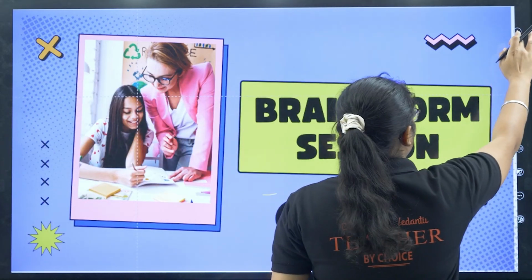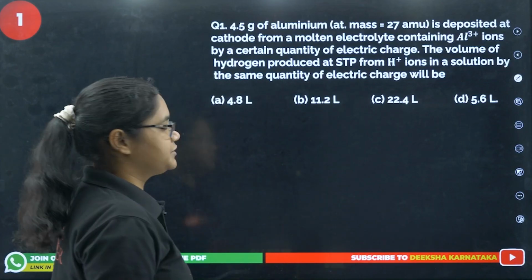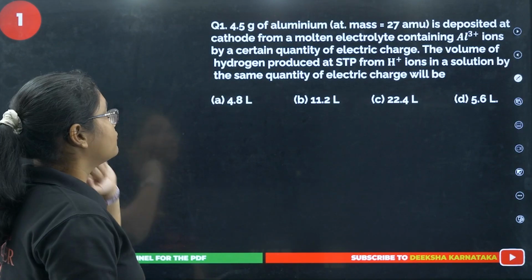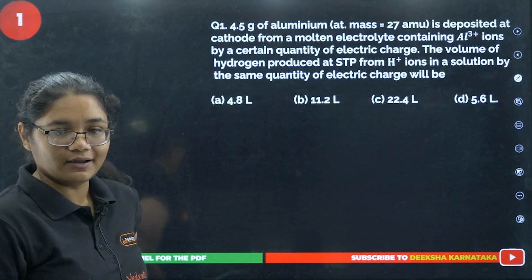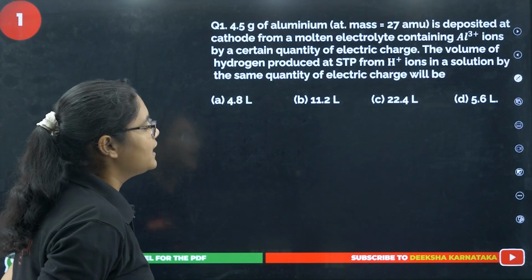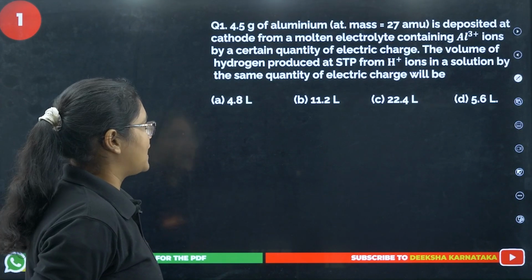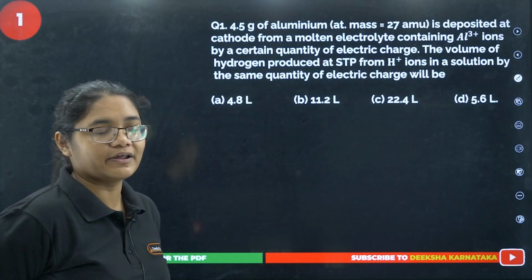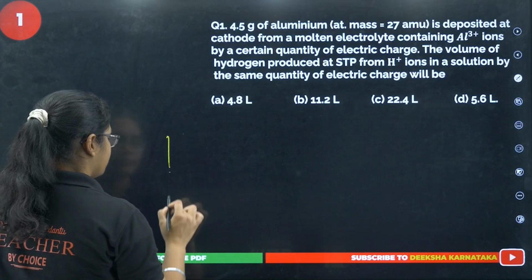So let's come to the first question. Question number 1. 4.5 gram of aluminium is deposited at the cathode from a molten electrolyte containing Al3 plus ions by a certain quantity of electric charge. So what is the question saying?